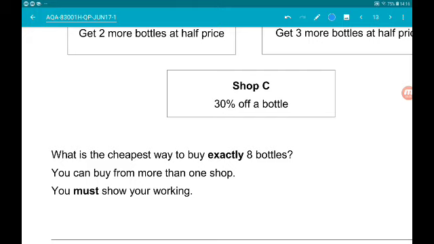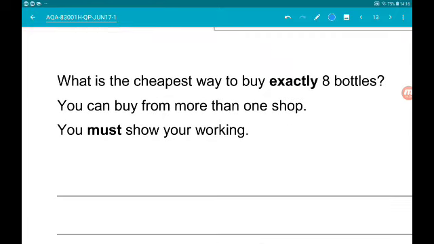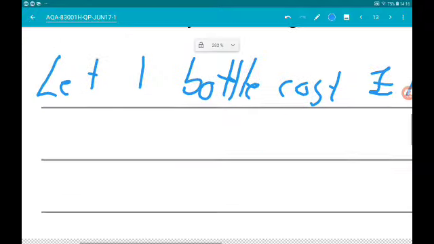You can buy from multiple shops. You must show your working. So, first up, we don't know the price, so let's let the price equal something nice and simple. So, let 1 bottle cost £1.